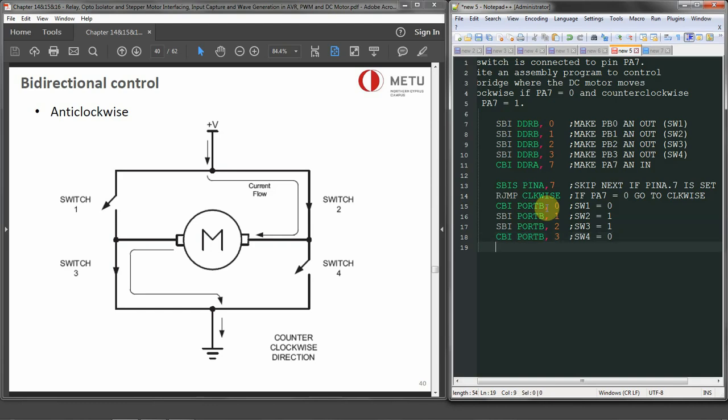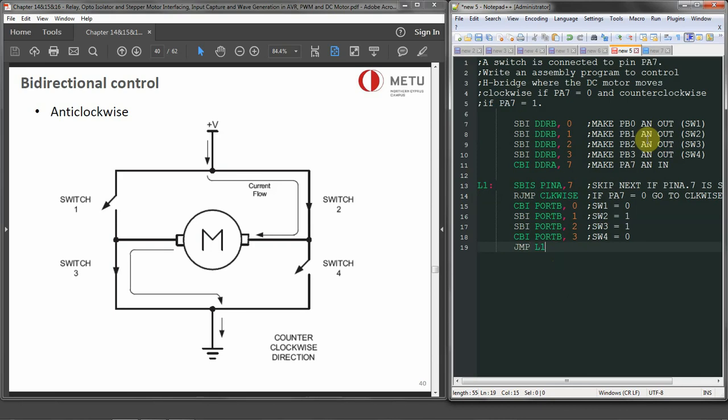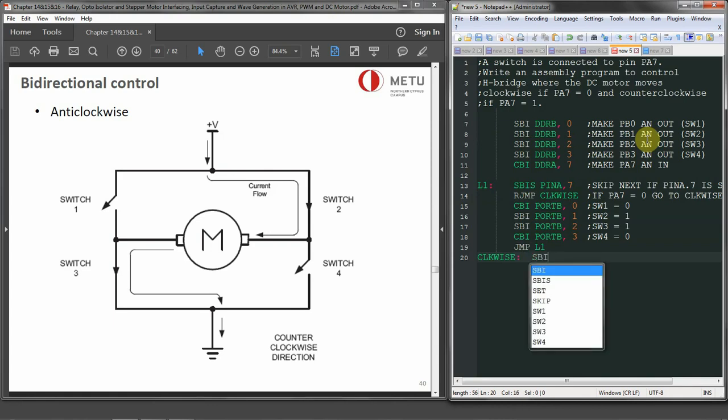And then we have to jump back, let's say L1 in this case. So we need to go back to L1 to check the pin A7. Otherwise, the clockwise routine: SBI port B0, so switch 1 has to be on.